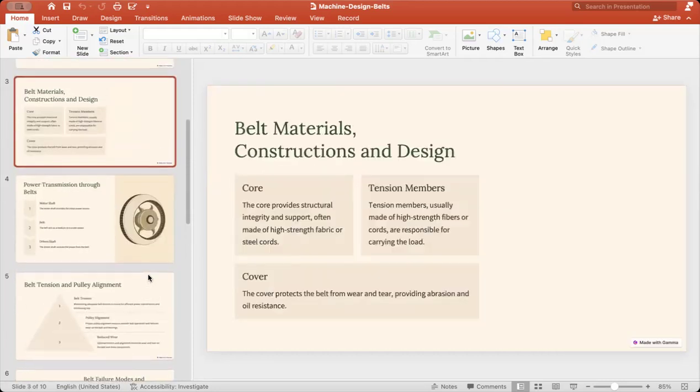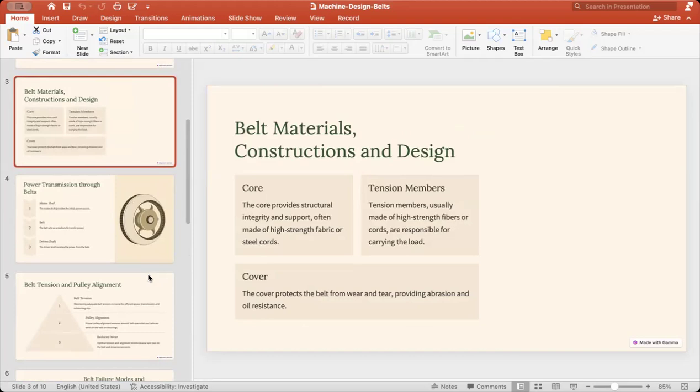Also, for the V belts, we have heavy duty industrial V belts, industrial narrow section V belts, and of course the standard belt cross section, or the standard V belt.